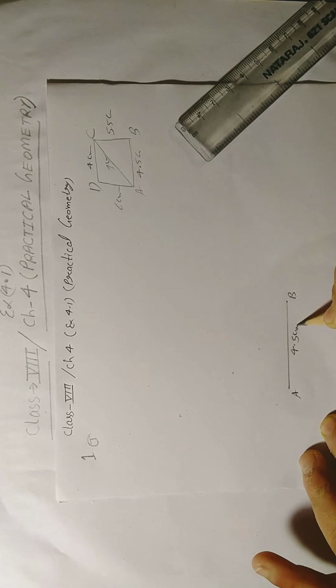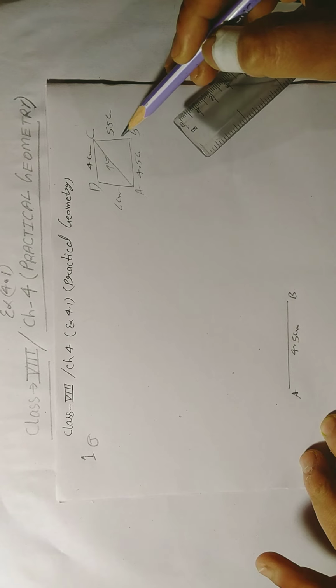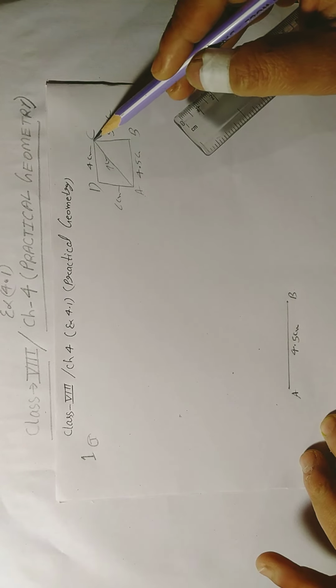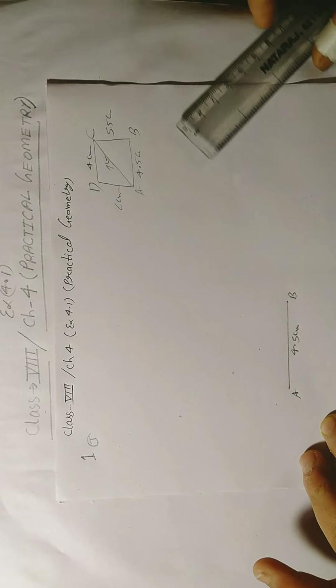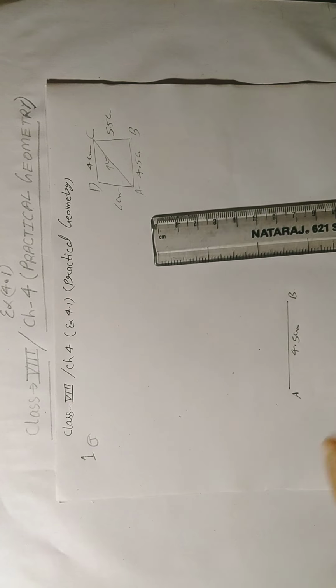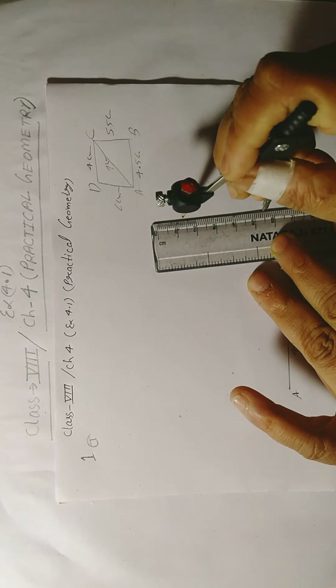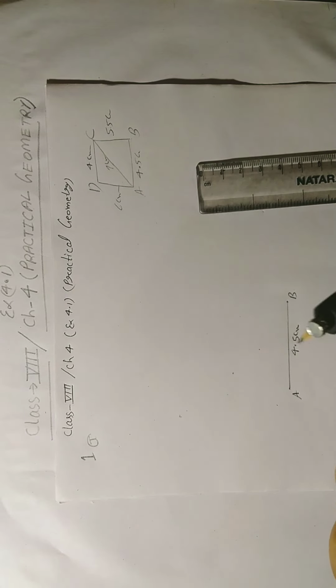Now we have to draw line segments of 5.5 centimeter and 7 centimeter which cut each other at point C with the help of a compass. So in the compass we take the distance 5.5 centimeter and put the compass at B, draw an arc.